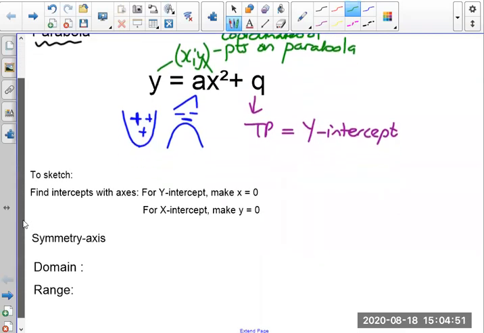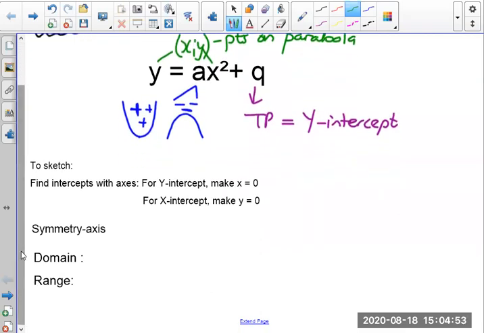Now, we're going to do an example just now. What must you do when you sketch a parabola? There's a few steps that you're going to do. The first one is the shape. So you're first going to determine the shape. So the shape tells you it's smiley if a is positive or it's sad if a is negative.